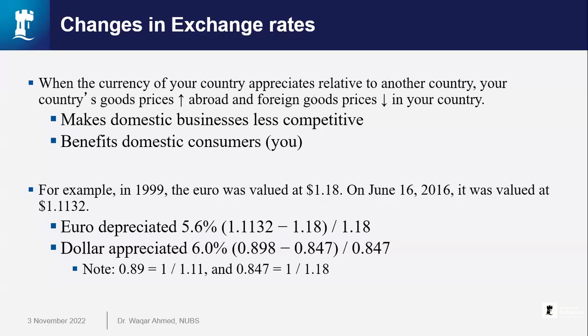Here I've calculated the appreciation in the dollar. How did I get these numbers? These are reverses of this, 1 over these numbers. How did I get 0.89? 1 over 1.11, and 0.847 is equal to 1 over 1.18.